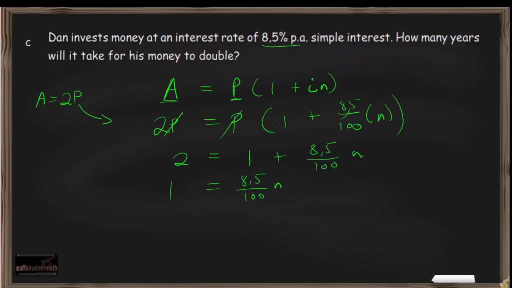Then we just reciprocate in terms of our multiplication. So n is now equal to, well, like I said, we multiply by the reciprocal, which gives us those cancelling, and on this side we did the exact same thing, multiplied by 100 over 8.5.